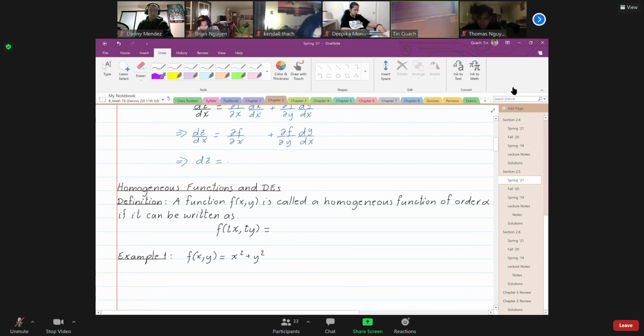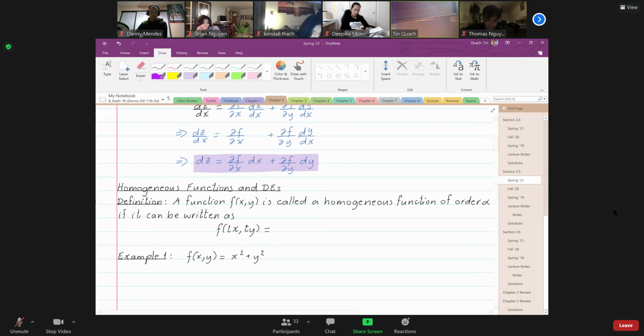You just put the dx to the right, so what you have is this. That looks familiar, right? If you put this equal to 0, then that is like an exact equation in the previous section. But in this case, it might not be 0. So you just need to make a note of the dz. dz is what you see on the right-hand side.